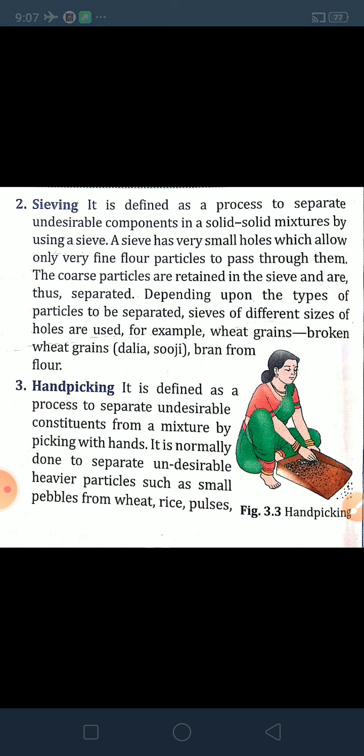In this method, we can separate only a small amount. If there is a small amount, we can separate easily. It is normally used to separate undesirable heavier particles, like wheat, rice, pulses.